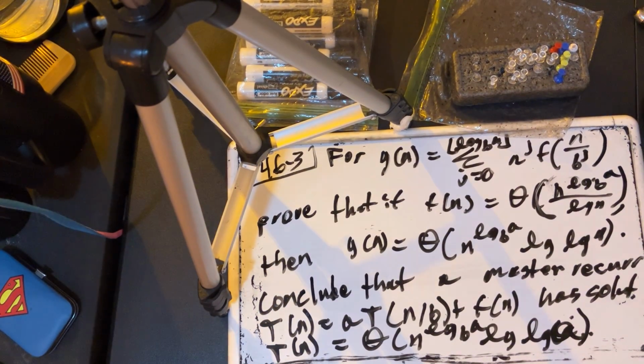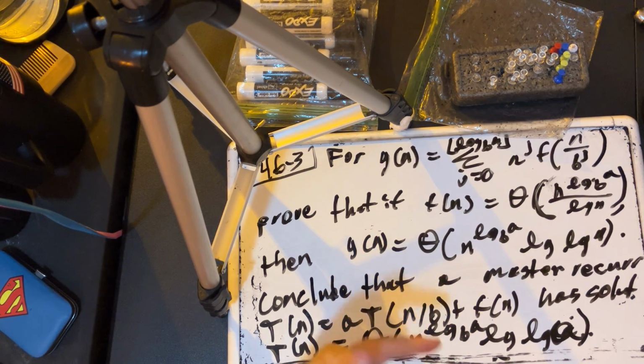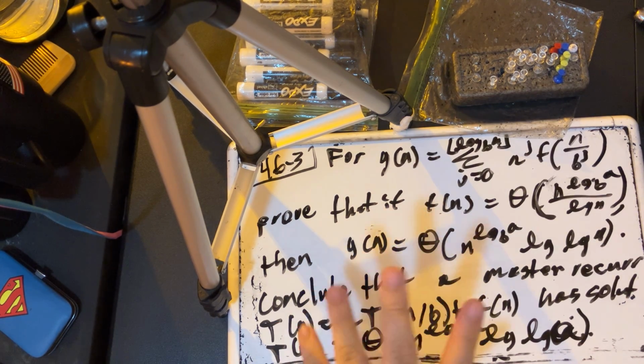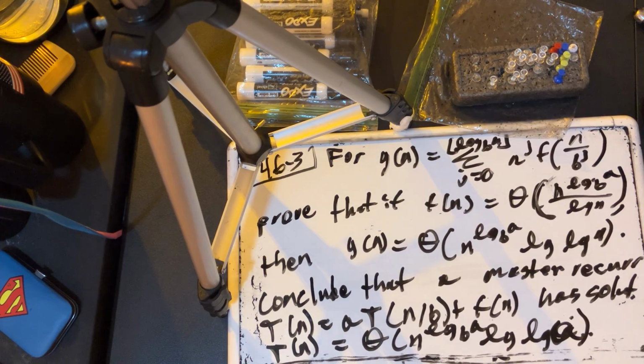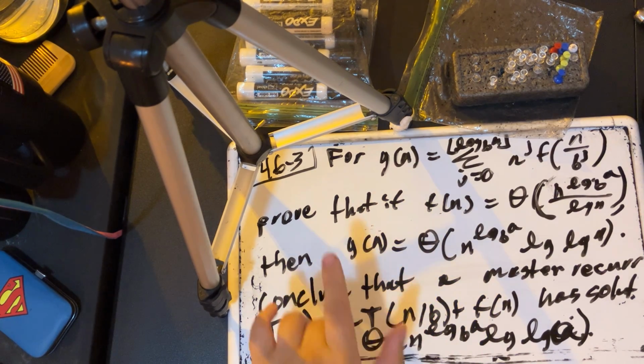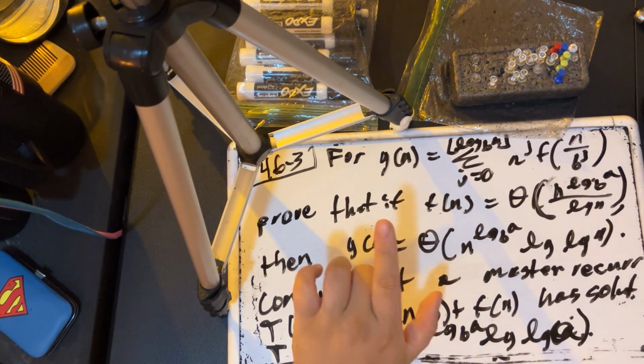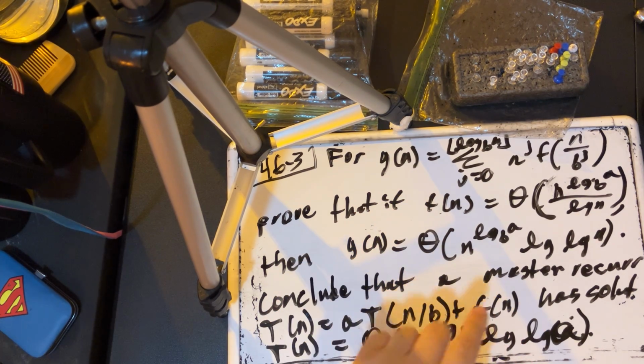Okay, so intuitively, how can we think about this? Well, let's let variable s equal log base b of a. Each summand a to the j times f of n over b to the j roughly simplifies to a to the j times open parentheses n divided by b to the j close parentheses to the s over log of n over b to the j, which is equal to n to the s over log of n minus j log of b.